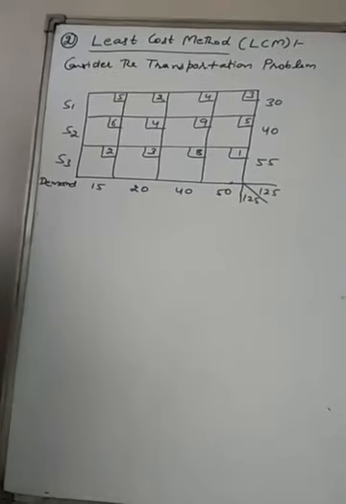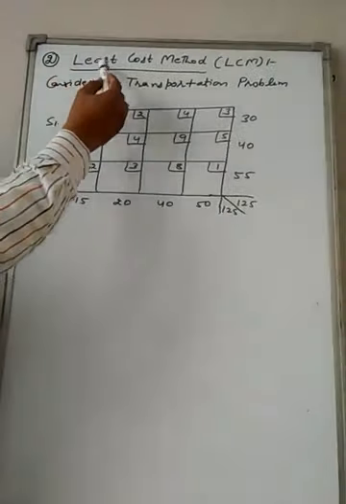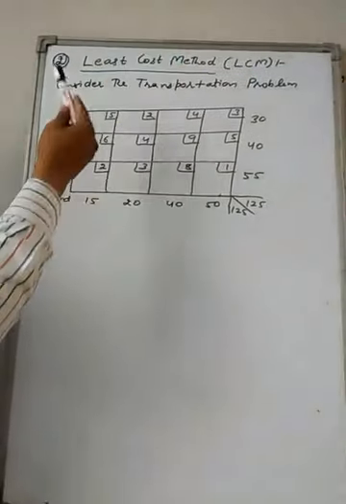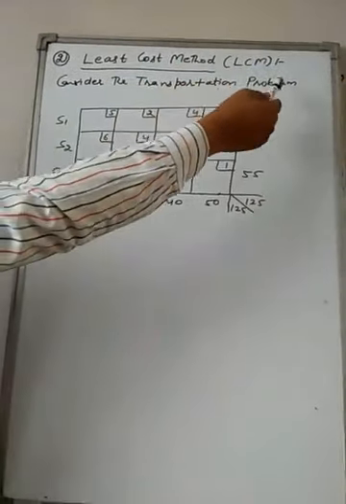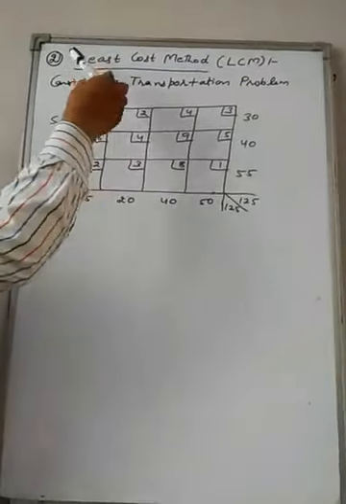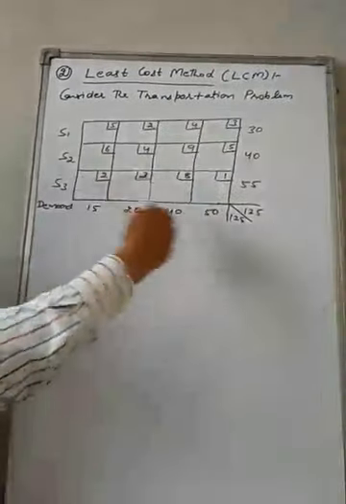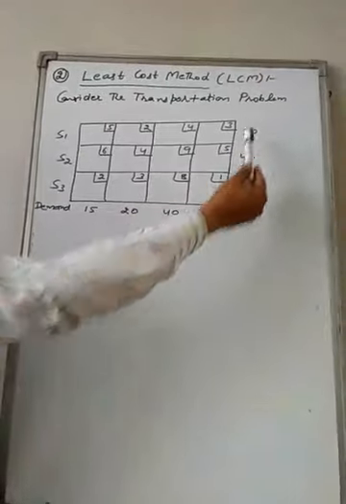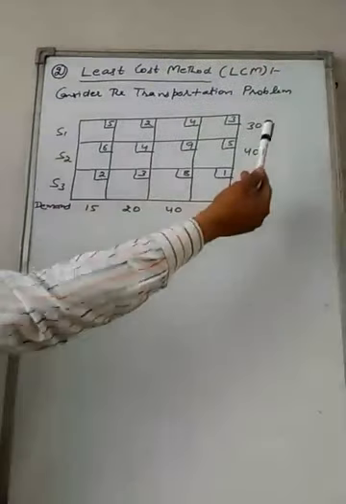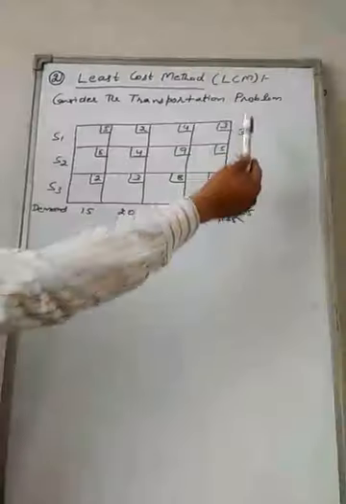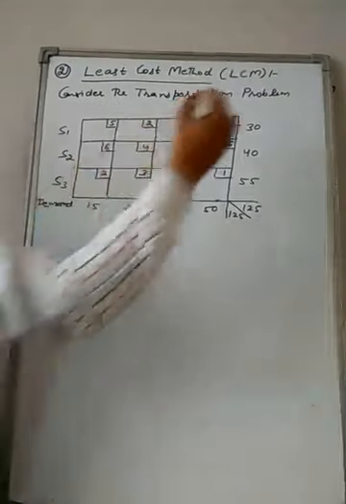Now I am going to discuss the second method, that is least cost method. Consider the transportation problem as considered in northwest corner method. The transportation problem we considered is same. Here this transportation problem is balanced, as total supply is equal to total demand.